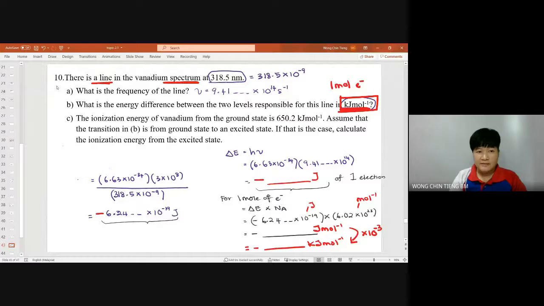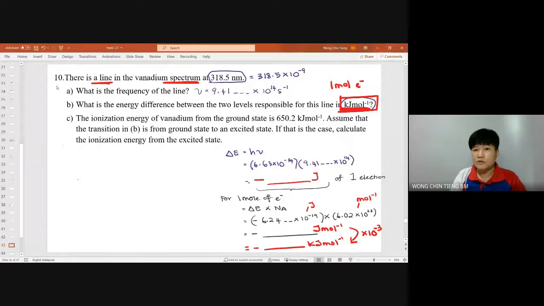Next, question C. The ionization energy of the vanadium from ground state is 650.2 kilojoule per mole.